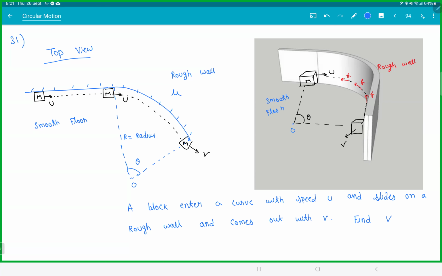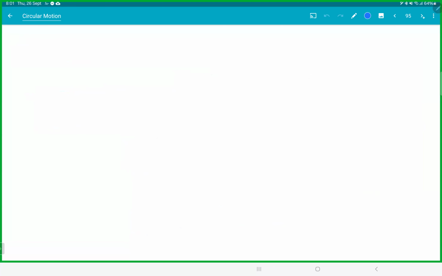You forgot a minus sign, right? Let's see. Look at your thing. What you got? Neel, Ansh, I think you forgot to integrate.